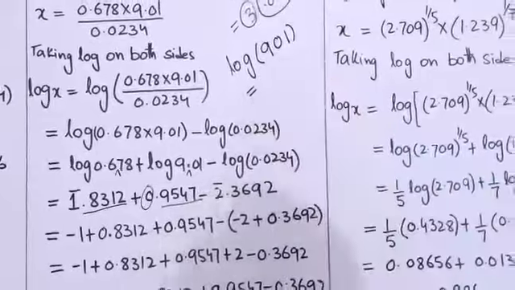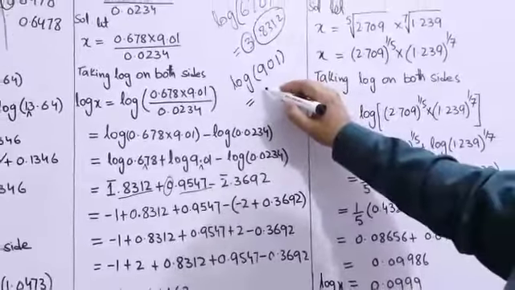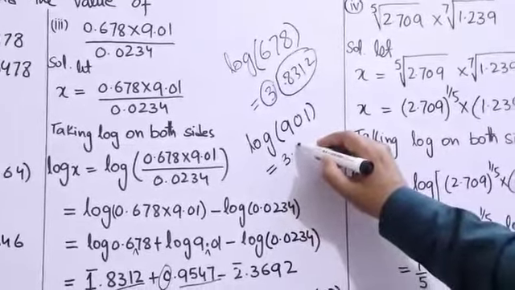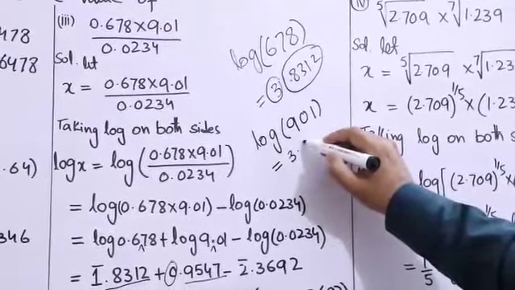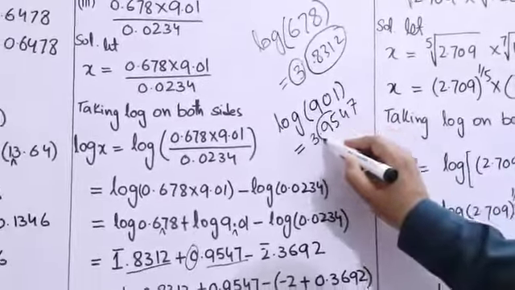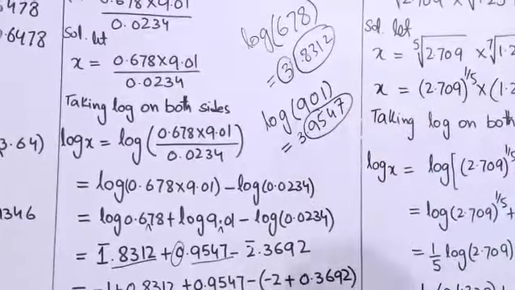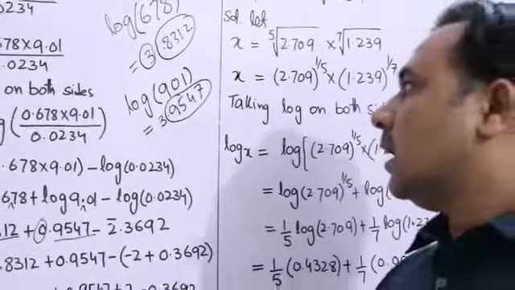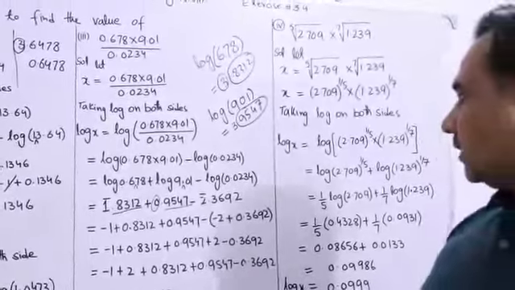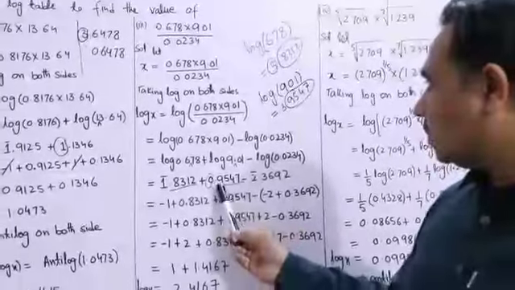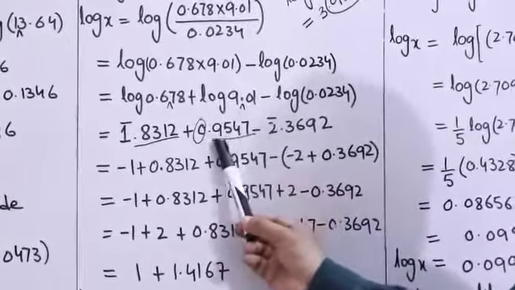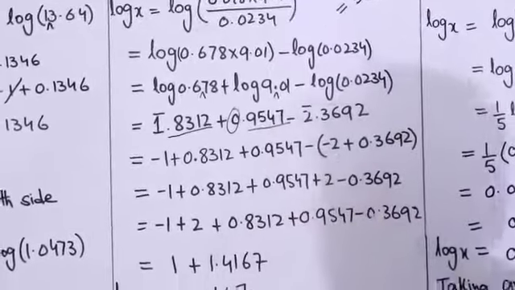Your calculator will show 2.9547. We will use only the decimal part, not the integral part. So this is equal to 0.9547. So our characteristic is 0 and our mantissa is 0.9547.